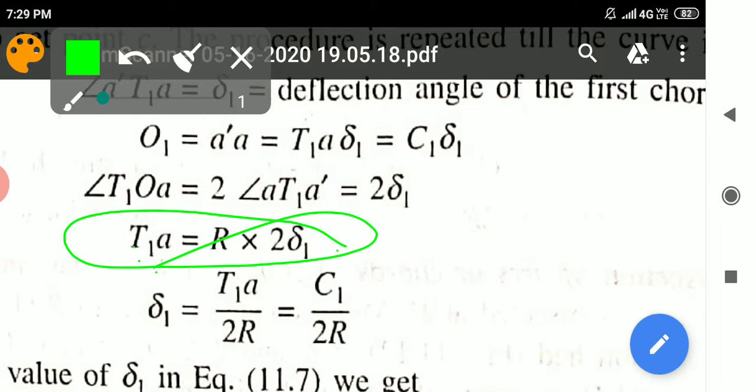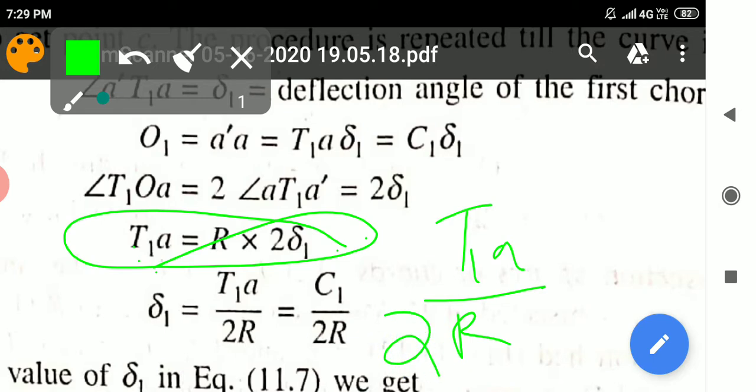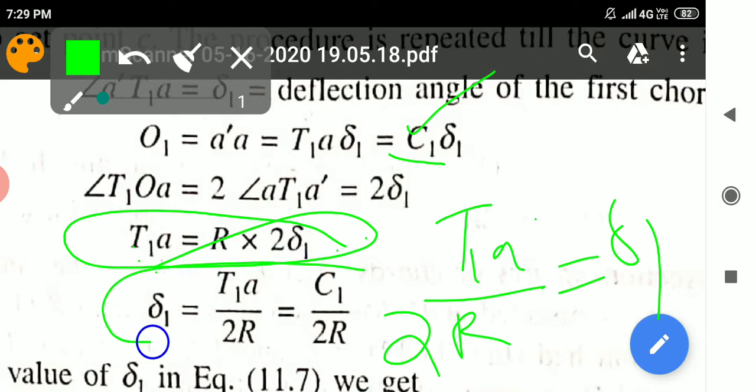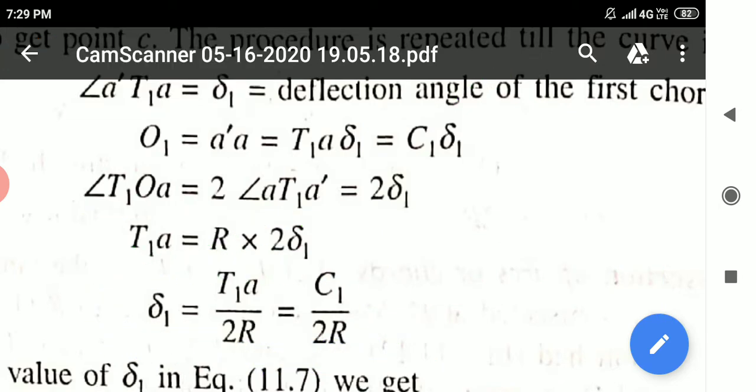I will rearrange these terms: T1A divided by 2R equals delta 1. T1A is nothing but C1, so it becomes C1 by 2R.